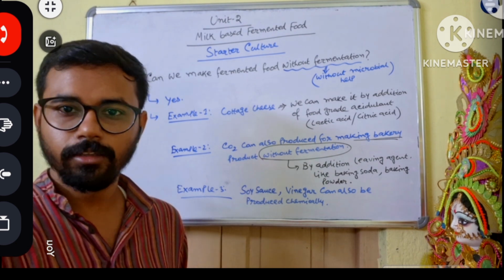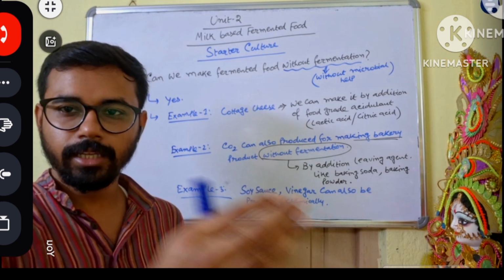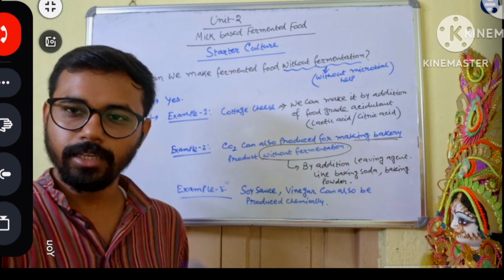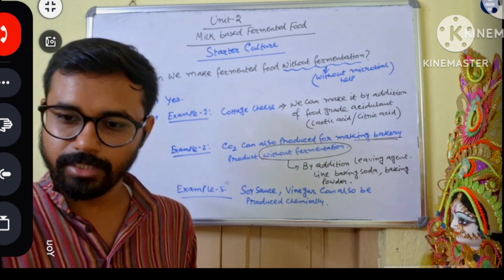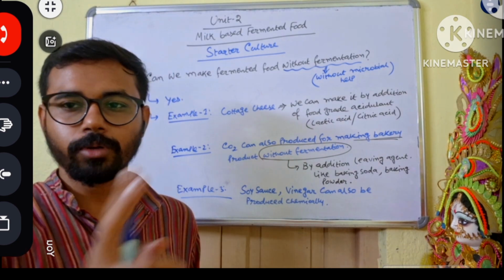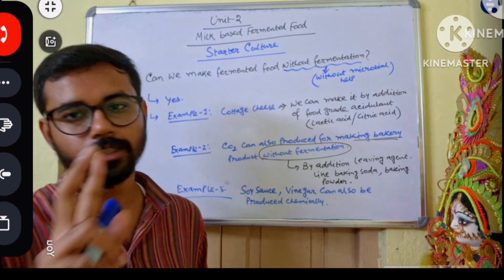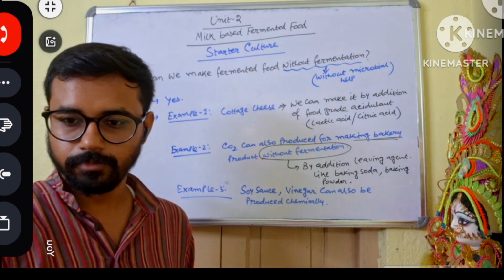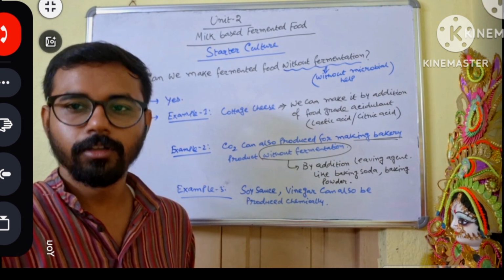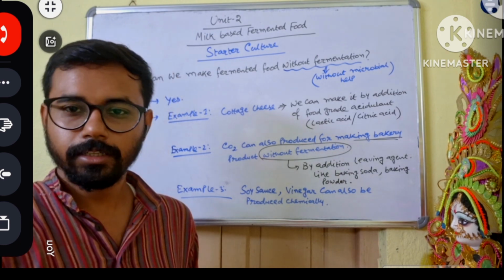Do you think they vary? The vinegar that came by chemical means and the vinegar that came from biological means, that means proper fermentation, will the quality of these two products differ or is it the same? So the flavor is different. So clearly there is a difference.